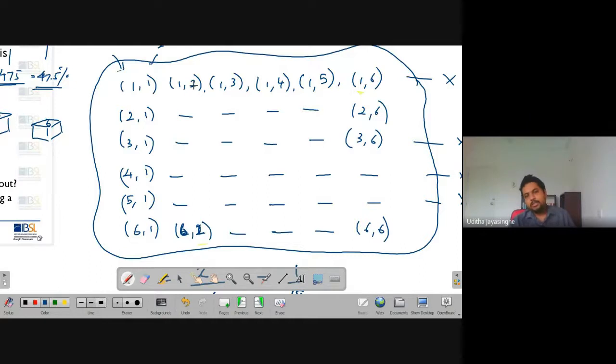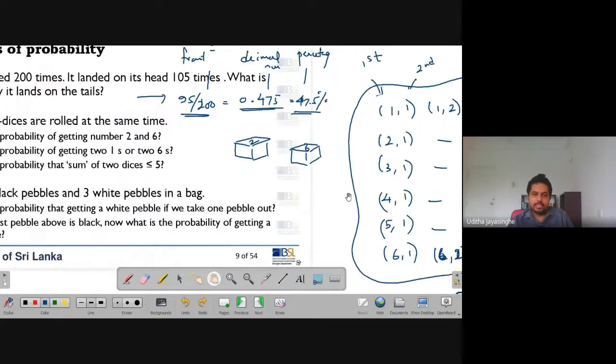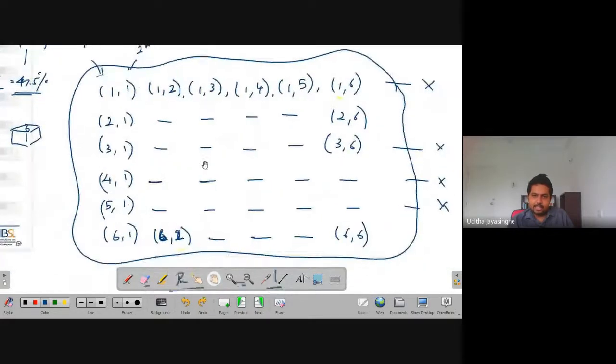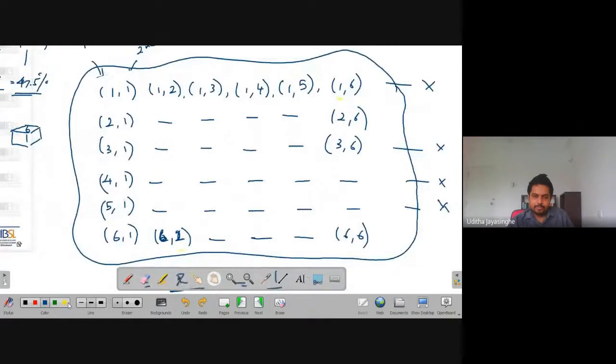This is 1 plus 2 is 3. 1 plus 3 is 4. 1 plus 4 is 5. And 1 plus 5 is 6. Now, this instance is not going to be taken into consideration. Why? The sum of the two dice is to be less than or equal to 5. So, if at all you see an instance up to here, you can take it.